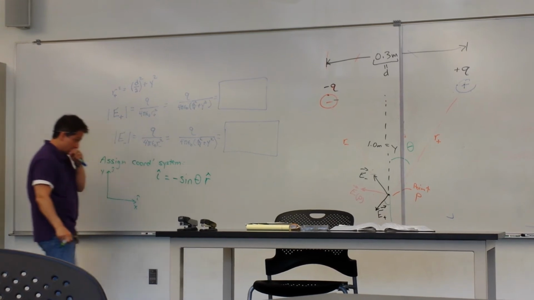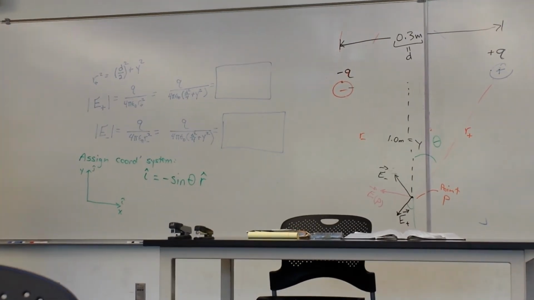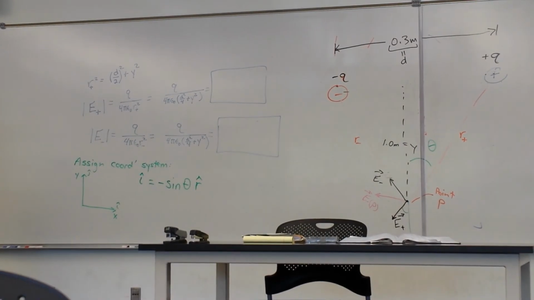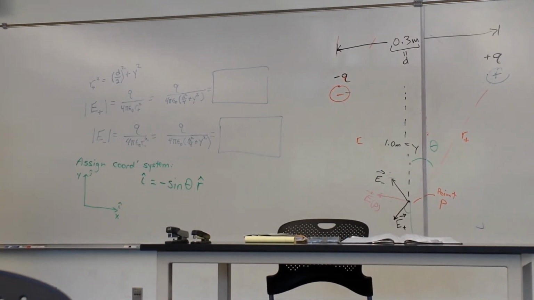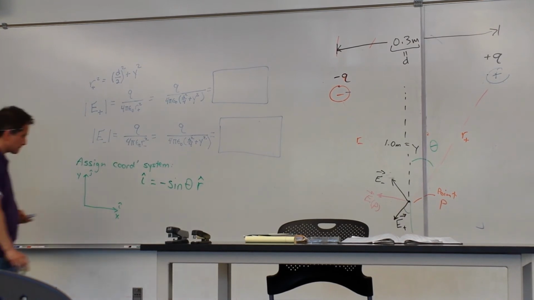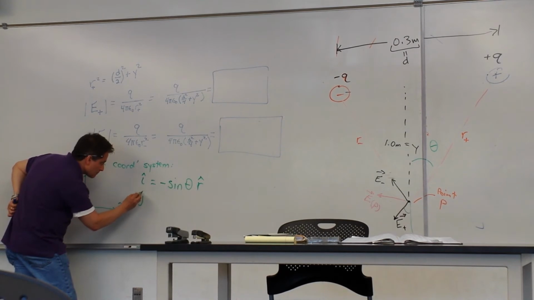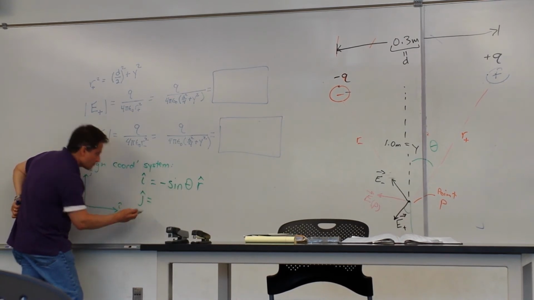The y components are exactly the same, but opposites, they just cancel each other out. Yes, I see that. Is that a third negative? No, that was supposed to be erased.